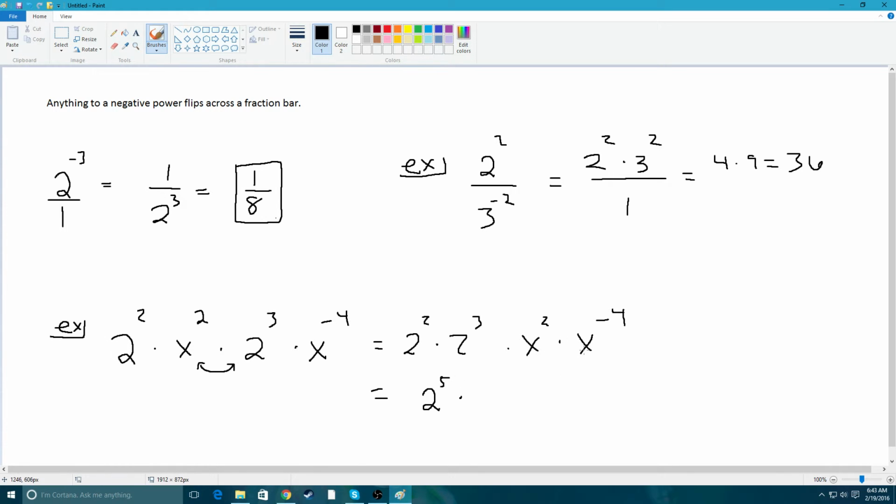And x to the second times x to the negative 4, we combine these exponents, 2 minus 4, to give us x to the negative 2 power. So 2 to the fifth power stays on top. To get rid of the negative exponent, we flip x across the fraction bar. And our answer comes out to 32 divided by x squared.